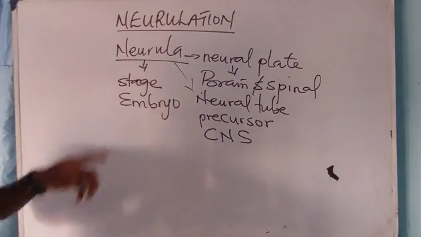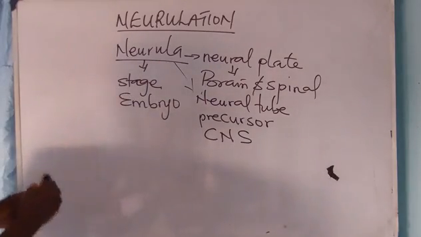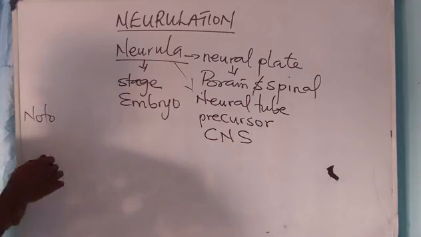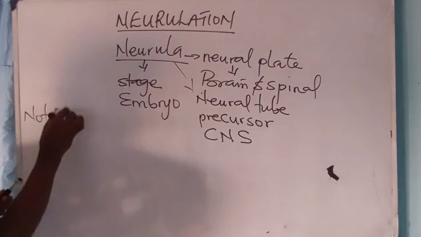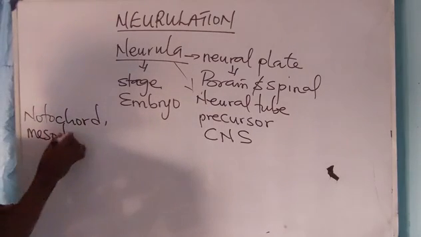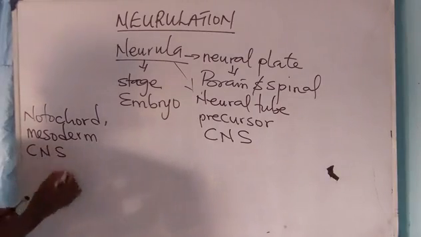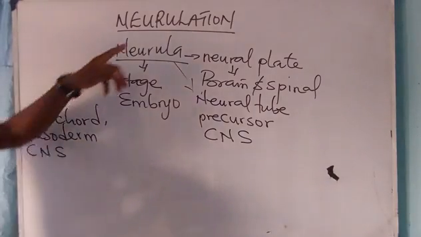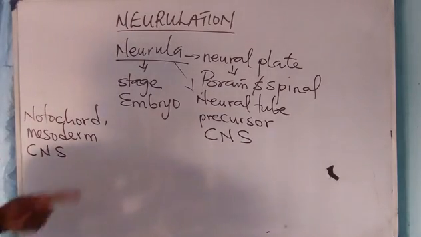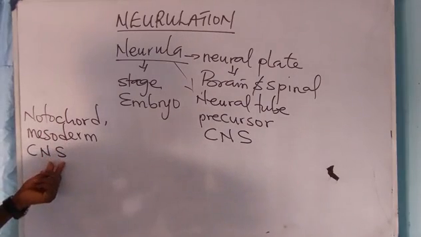Now, neurulation means the formation of the neurula, or I can say that neurulation is a process whereby the notochord, mesoderm, and central nervous system are formed. Neurulation is a phenomenon characterized by the formation of the notochord, mesoderm, and what? Central nervous system.